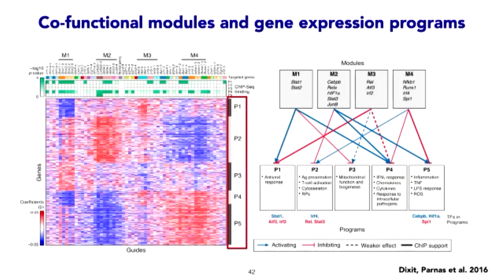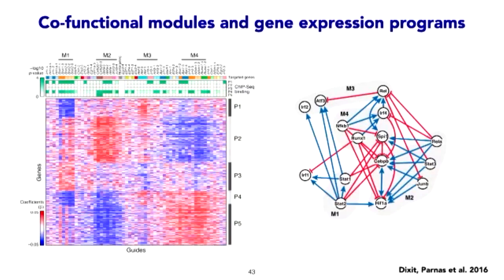And the terms in the program boxes are the functional annotations of the sets of genes that go together. Another way to view a subset of this result is using a network where we could pick out the target genes which are transcription factors, and try to see the relationship between them, how they regulate each other.